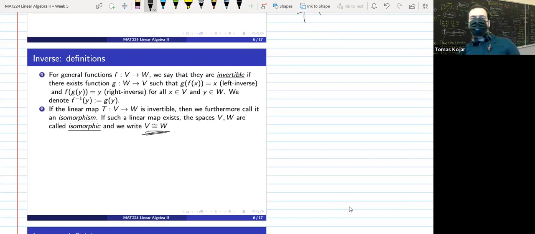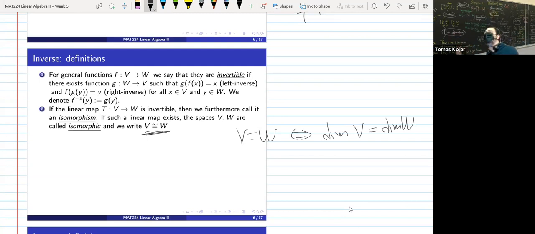For example, remember we talked about that V is W. I mean, this is different here. I'm not saying isomorphic, I'm saying equal. We said that this is true when their dimensions are equal. And the same thing will happen here. You only have an isomorphism when the dimensions are equal.